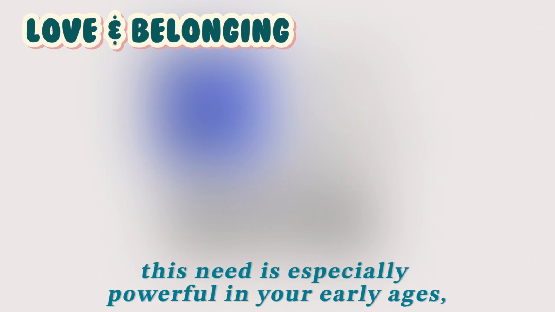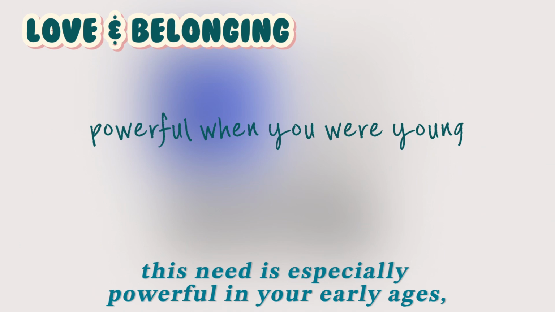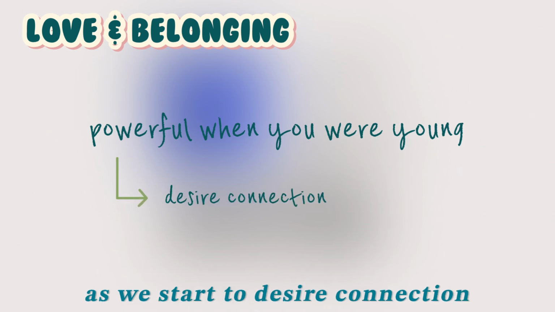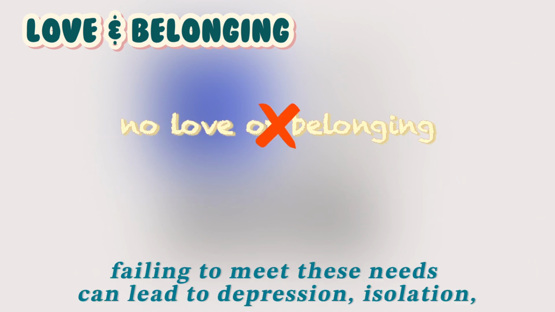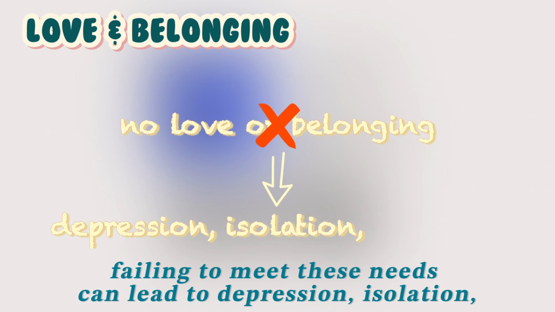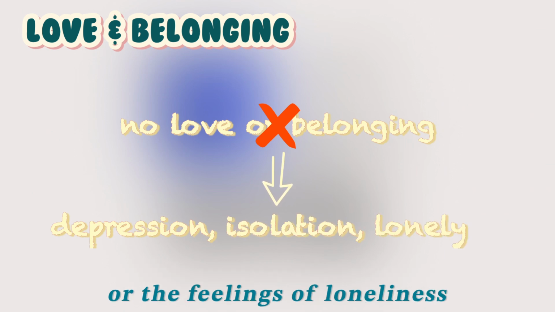This need is especially powerful in your early ages as we start to desire connection and belonging to a social group or family group. Failing to meet these needs can lead to depression, isolation, or the feelings of loneliness.